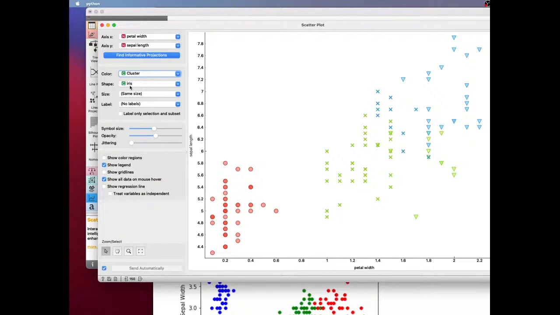And the data marked as X is Versicolor. Okay, so X right here is Versicolor. However, some of them are not in green. The green is class number 3. So some of the points right here at the right hand side are labeled as triangle, which should be Virginica.